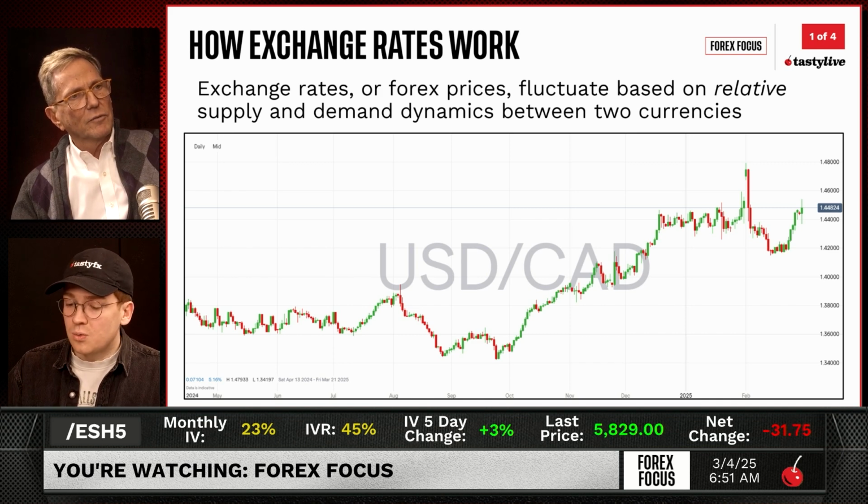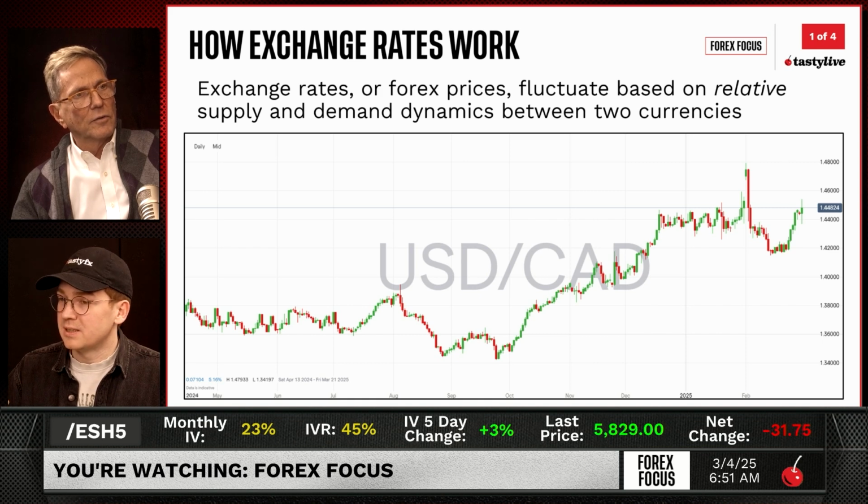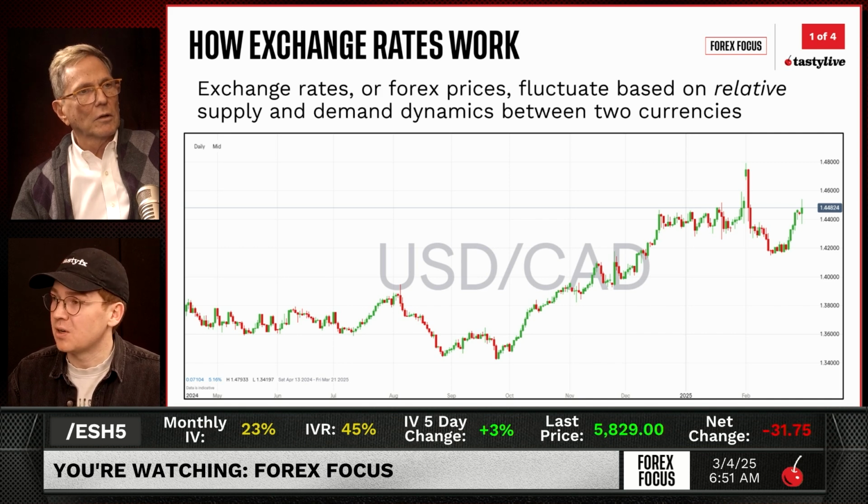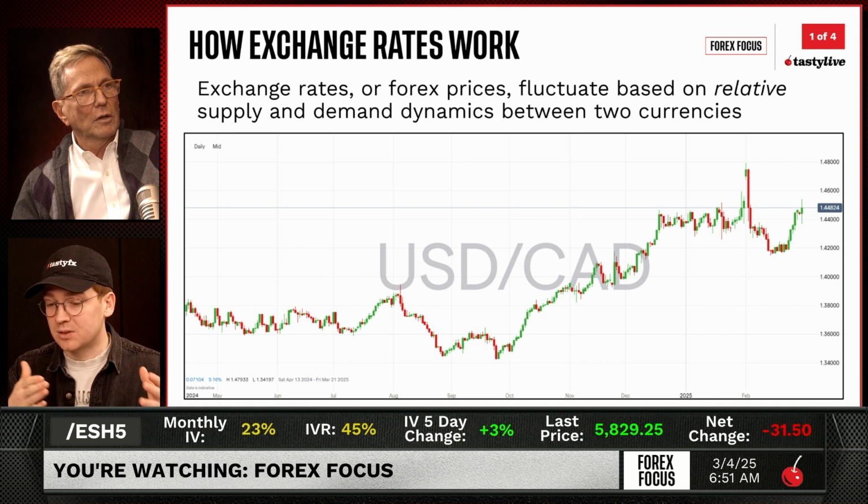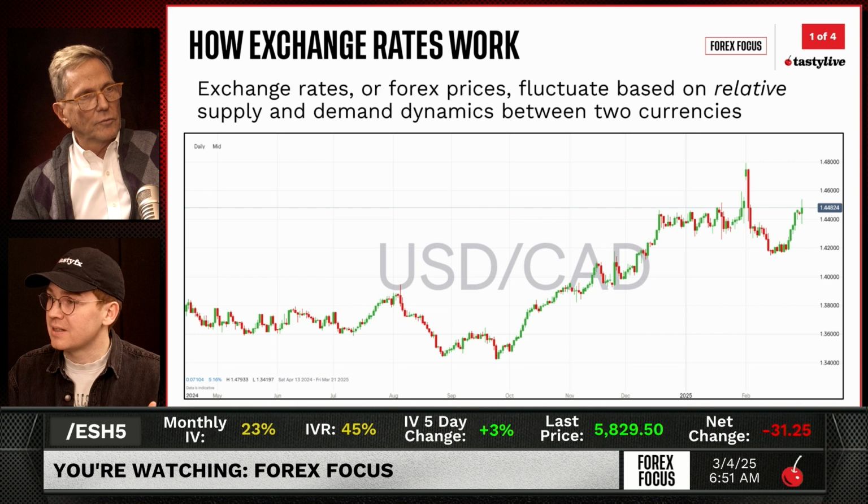Well, you've made this so clear, which is, is there a greater demand for Canadian dollars? And if so, then this pair here, US dollars versus Canadian dollars, might move lower. The Canadian dollar might strengthen in this scenario.